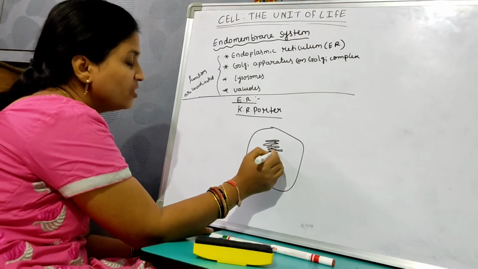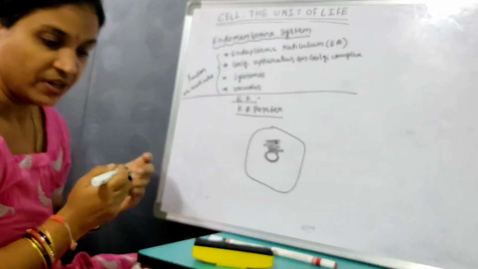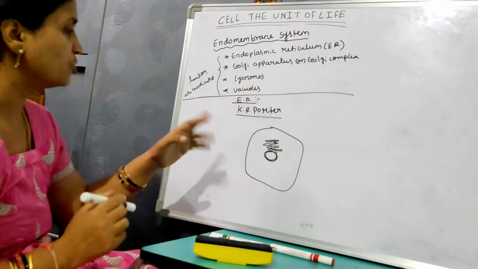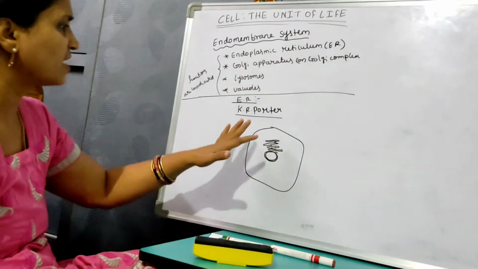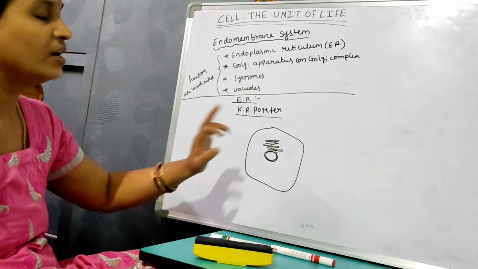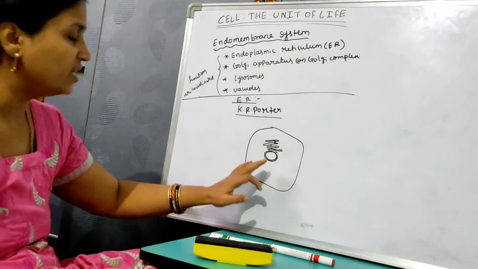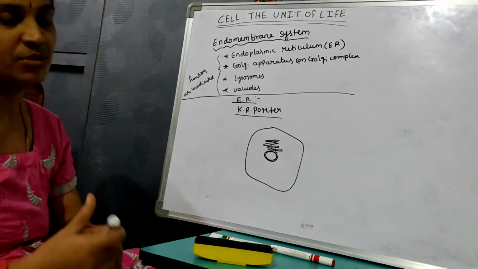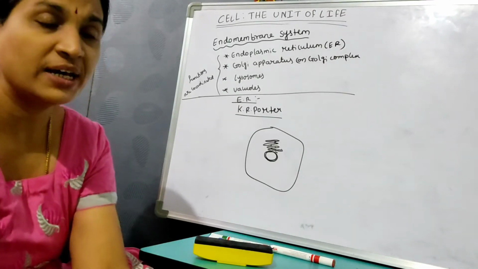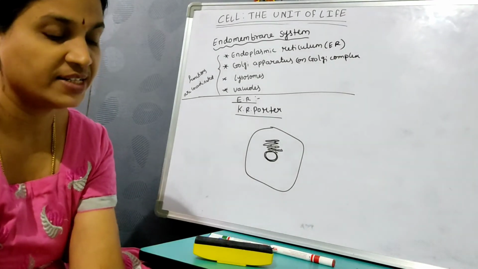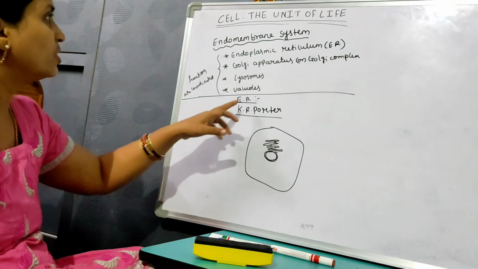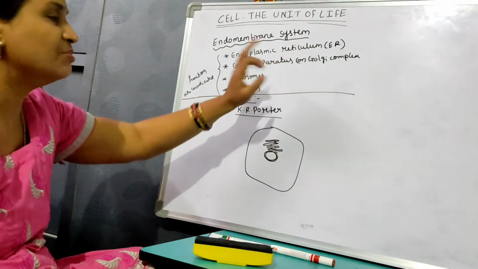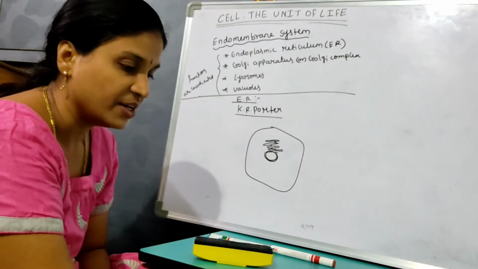The thread-like structures are scattered in the cytoplasm and nearer to the nucleus. They are extensions of the nuclear membrane. They form network-like structures inside the cytoplasm. That's why it is called reticulum. Reticulum means network.